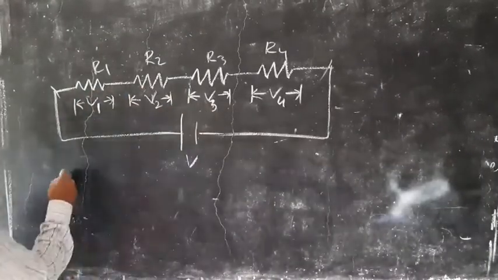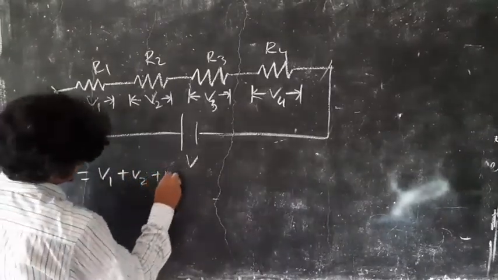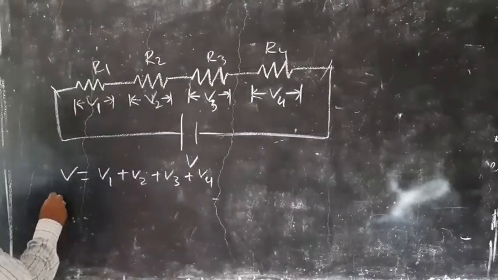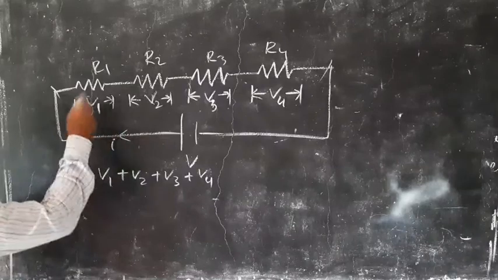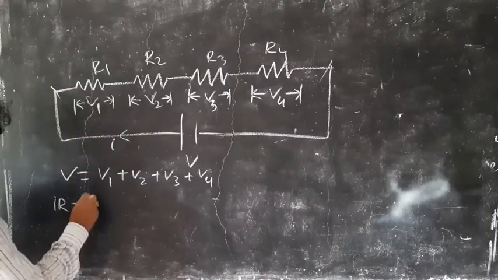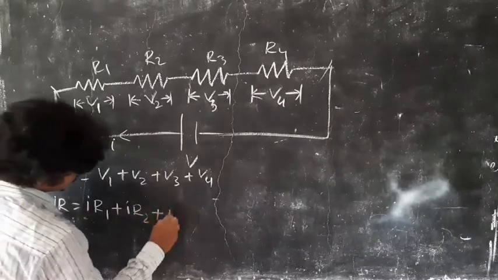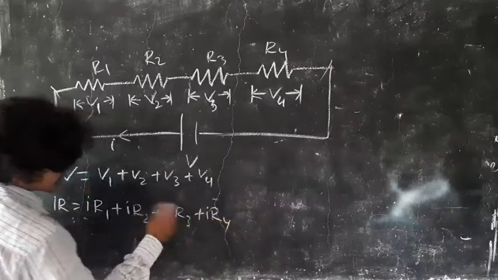So, we can write that V is nothing but V1 plus V2 plus V3 plus V4. Applying Ohm's law, since the same current will flow through this circuit, IR is equal to I R1 plus I R2 plus I R3 plus I R4.